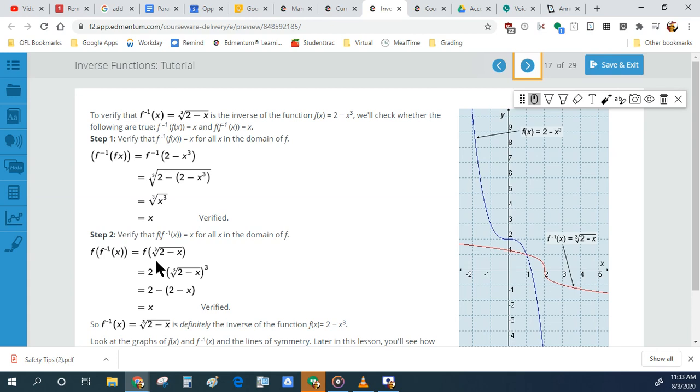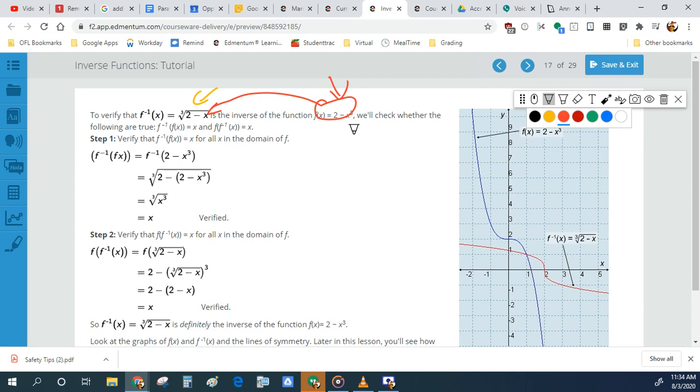Now verifying it algebraically. Basically, what they're saying here is if we put the function into our inverse, it works out. So if our inverse is this and our function is this, if we plug this into the x of here, we should end up getting x. They're working it out here.